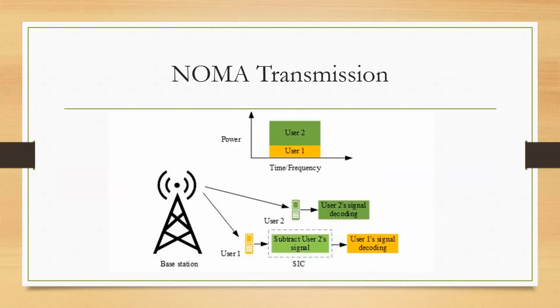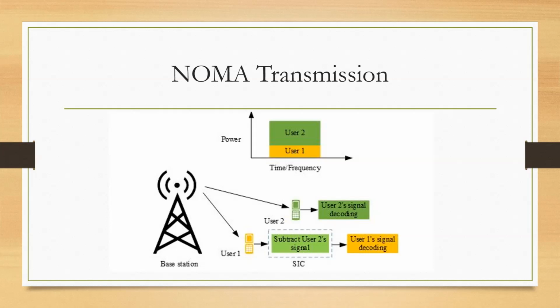Now, obviously, the power requirement of the signal from user one is going to be lesser than user two. So we allocate this power according to the requirement or the attenuation which is going to be done by the channel to the signal.